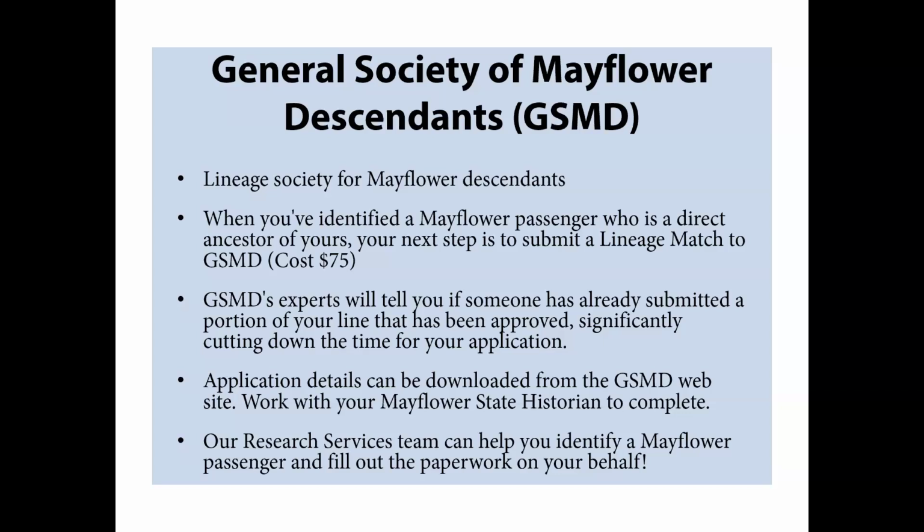This is basically a chart similar to the five-generation chart where you outline each generation down from the passenger to you and list their names and their spouses. This is a paid service. You submit it to GSMD, and they look at that line and tell you within a few weeks or so if any portion of your line has already been approved, where someone has joined the society.